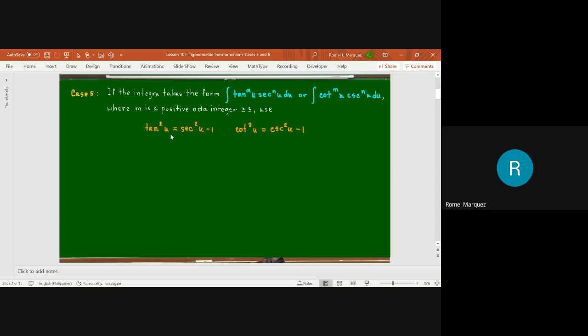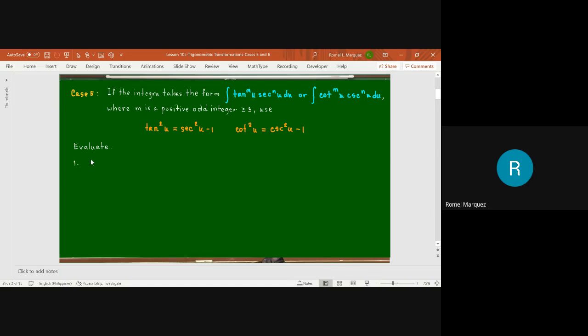And so transform into any of these, and then expand if, of course, the exponent is more than 1. Okay? So let's do that in the following examples. If you have a question, guys, you just raise your hand or you can interrupt me.